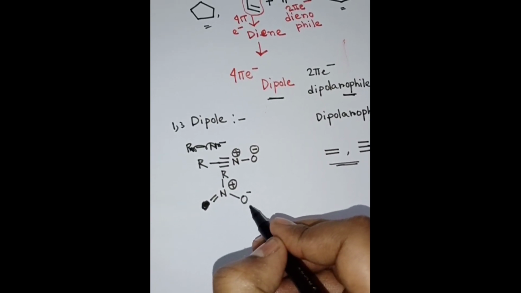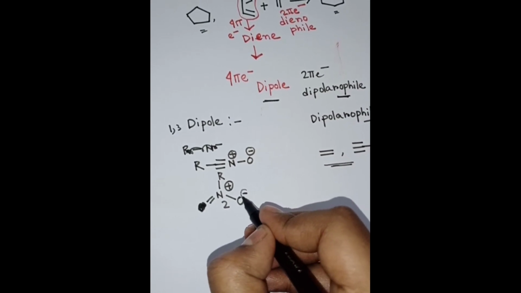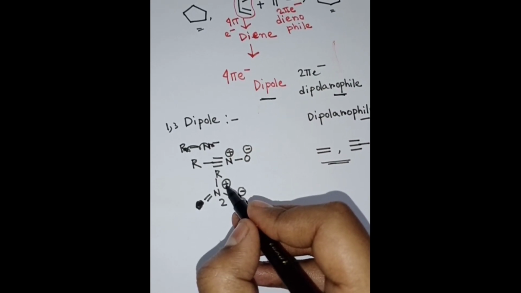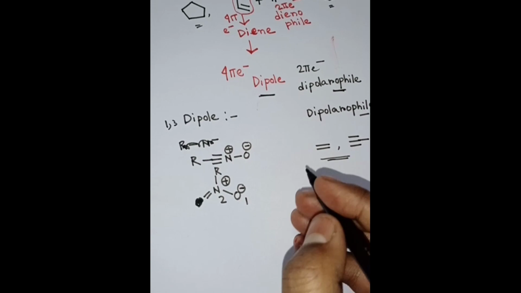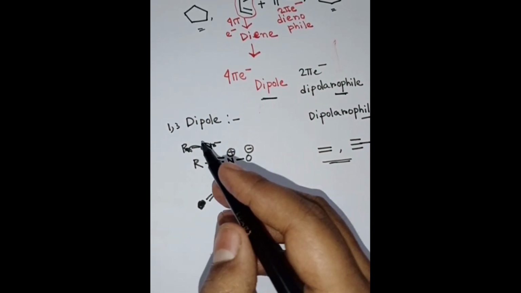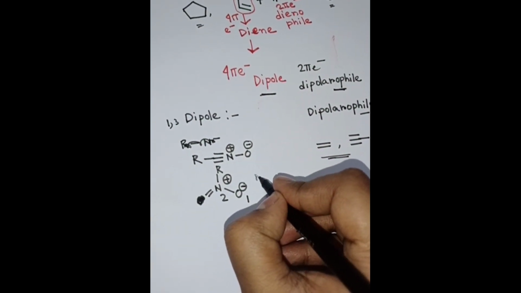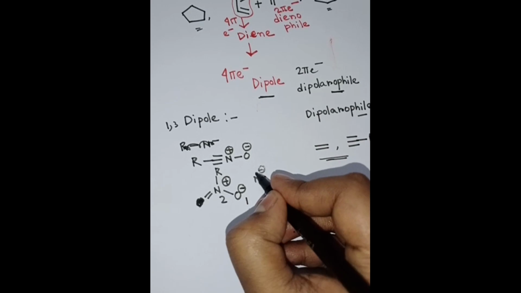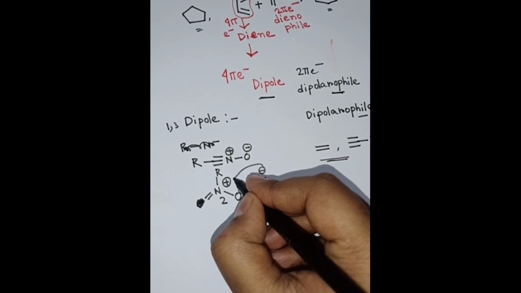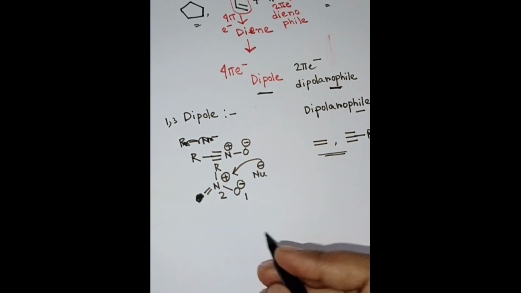Now in this case, if I write here 1, 2, this is a 1,2 dipole. Why dipole? Because one positive charge is there, another negative charge is there. So you may think this is a 1,2 dipole, then how am I calling this a 1,3 dipole? If a nucleophile is there, it cannot attack this nitrogen center because it is already tetra-coordinated.